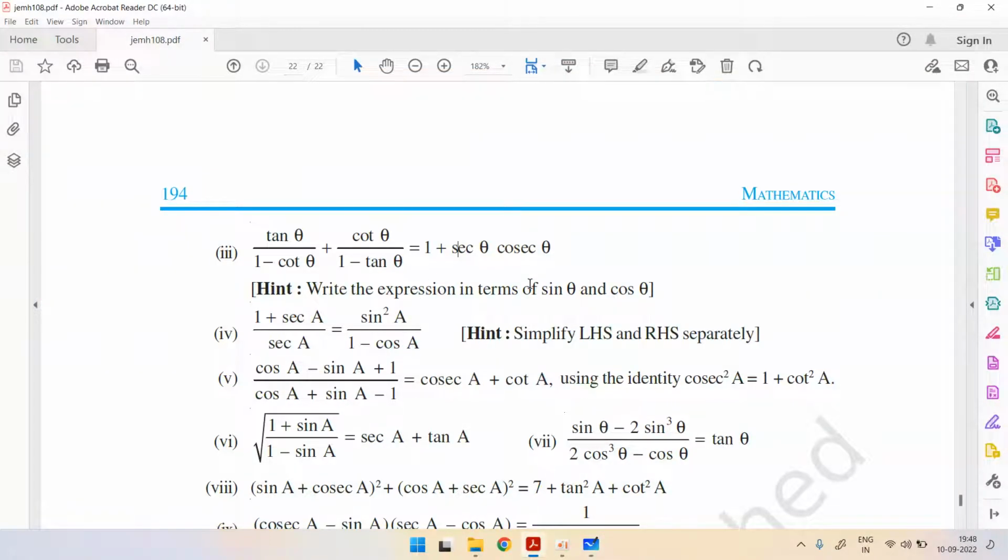The fourth, they have also given a hint to simplify LHS and RHS separately. You may not do this, so up to you only.